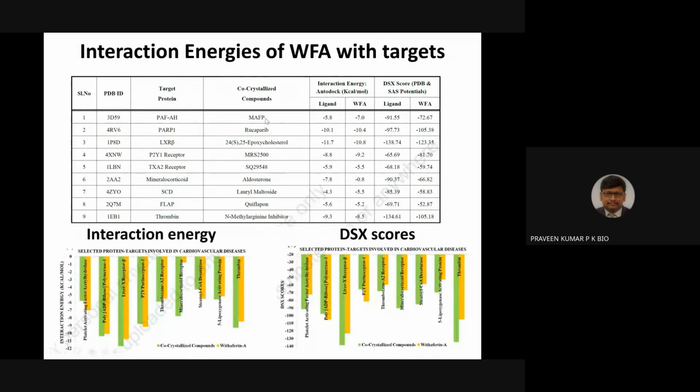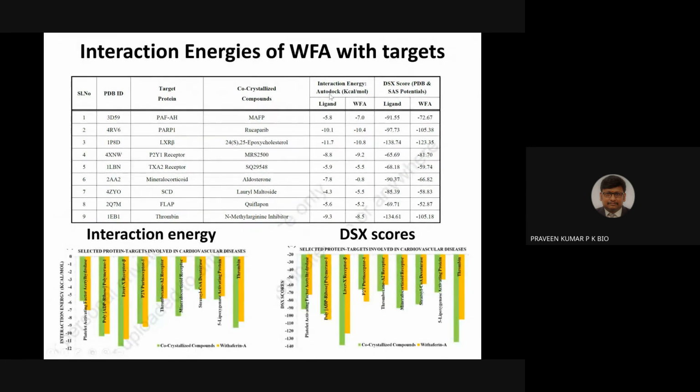The drugs generally used to block these, or the control drug for PAFA, is MAFP, and for this receptor, rucaparib, and likewise. So we have these 9 receptors with 9 control drugs.